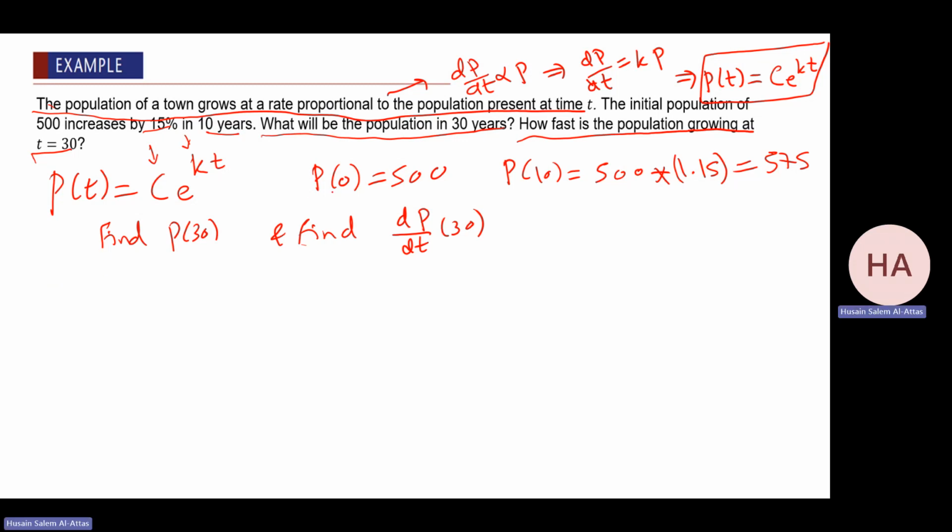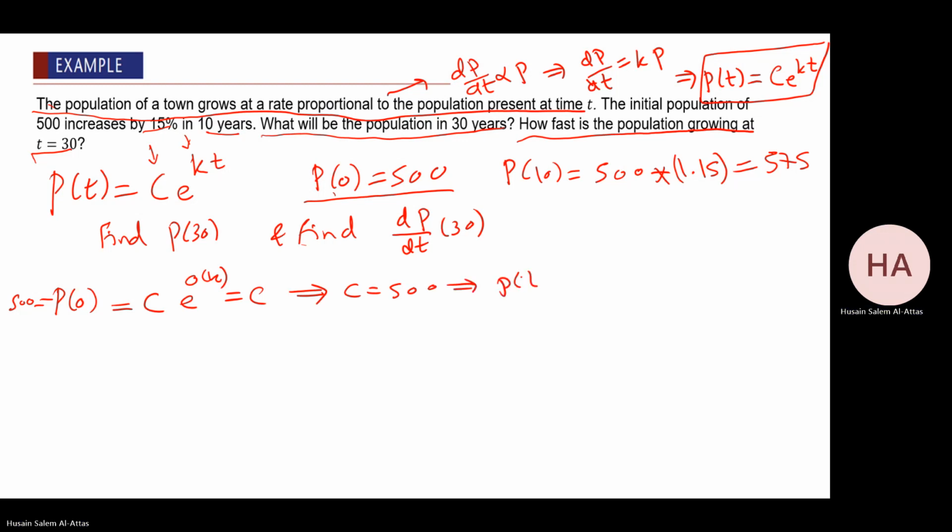Now let us start. I'll use this information. P at 0, which is 500, equals C. I'm doing it in detail: 0 times k gives me C, so C equals 500. So P of t will be 500 e^(kt).